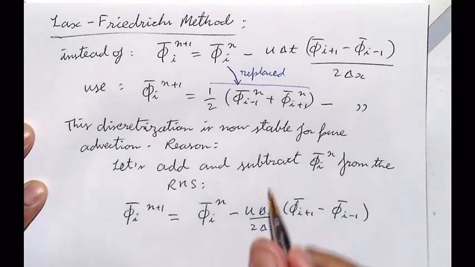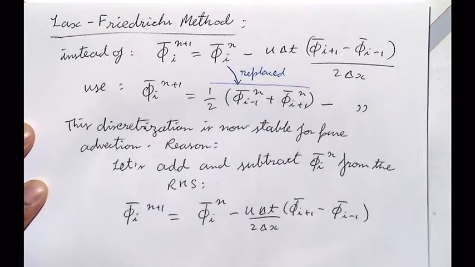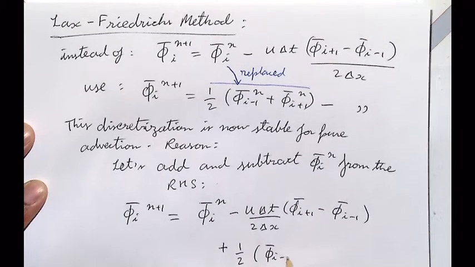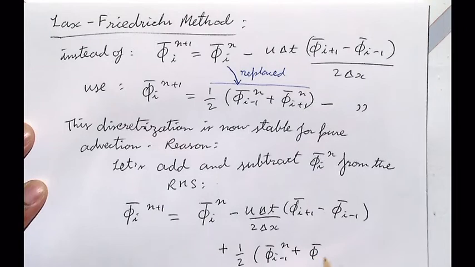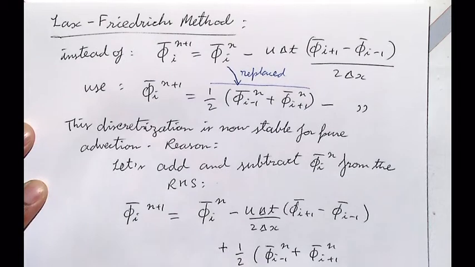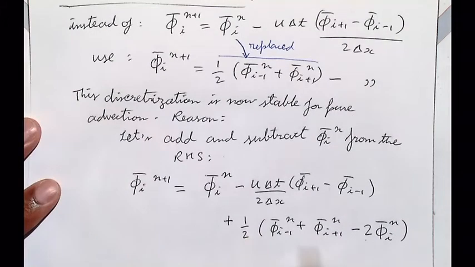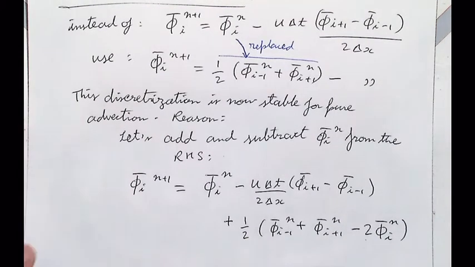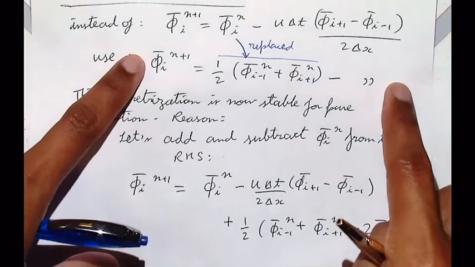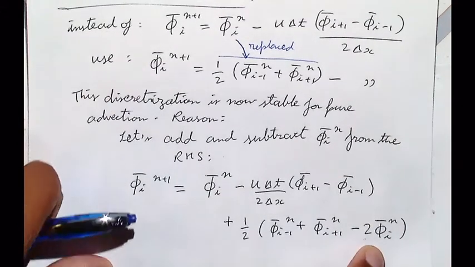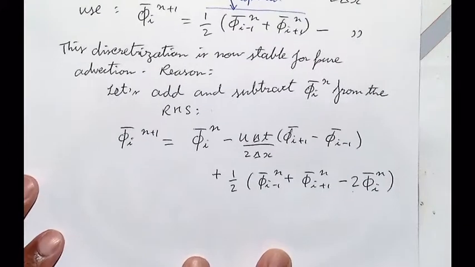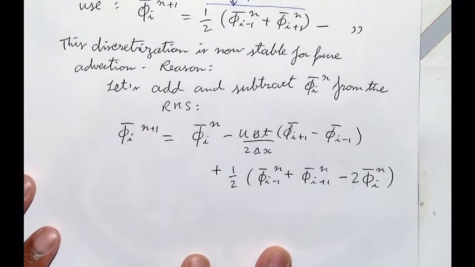And then the first term I have not written down yet, so let me write that down. I have this I minus 1 and I plus 1, and since I'm adding something here, I will subtract the same thing, and this is true because there's a half over here. So this equation is exactly equal to this equation. I've just added one term and subtracted the same term.